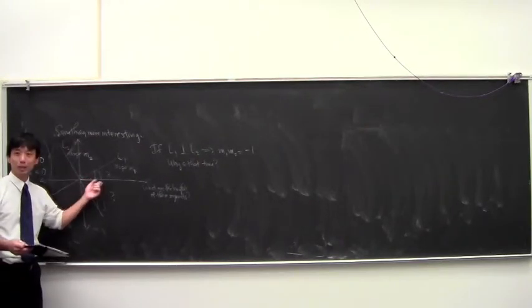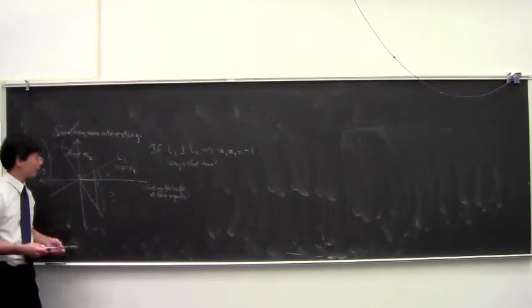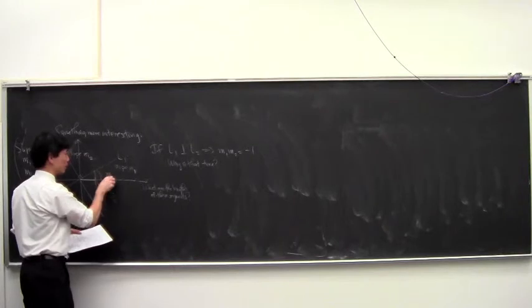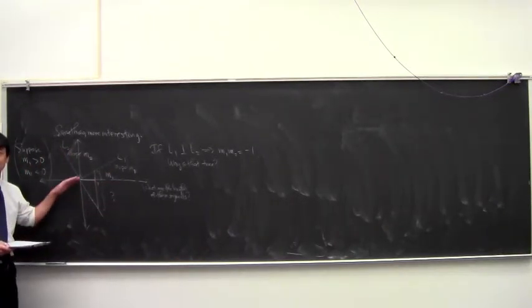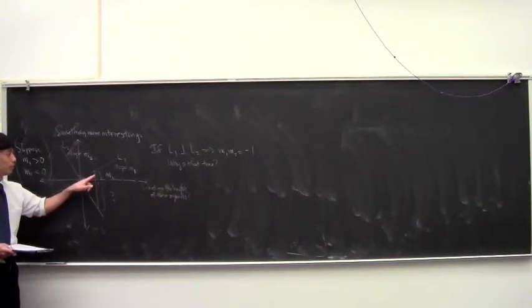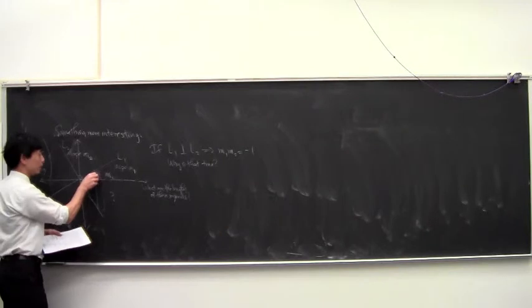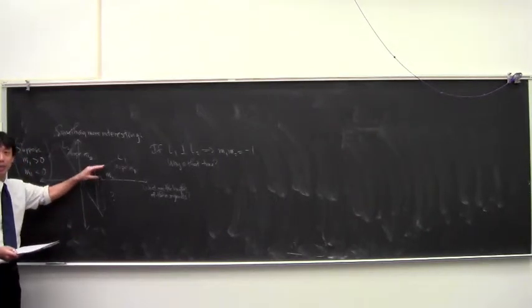The horizontal change is 1, so the vertical change must be m1. That's the meaning of the slope. This length had better be m1 because the slope is m1.